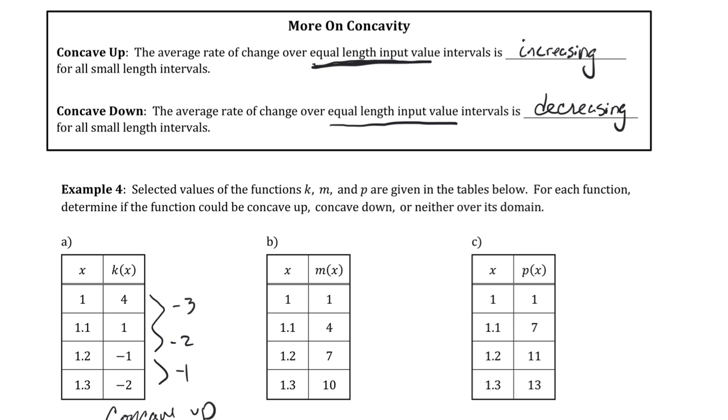So that is definitely one way to look at concavity, but we could also find the second differences, and we would see that both of those are positive ones. And when you have a positive second difference, that is also an indication of concave up. Go ahead and pause the video and give B and C a try, and let's see where we are.